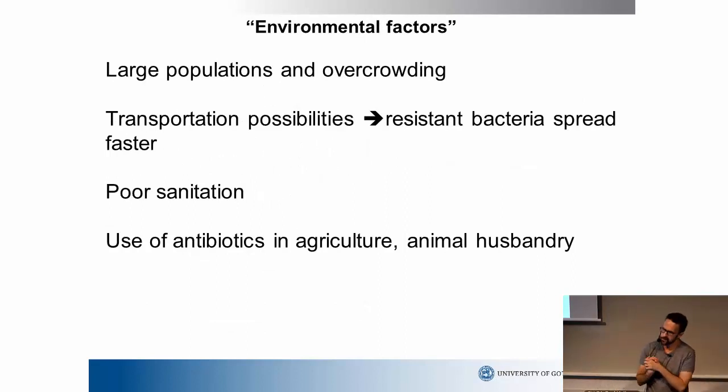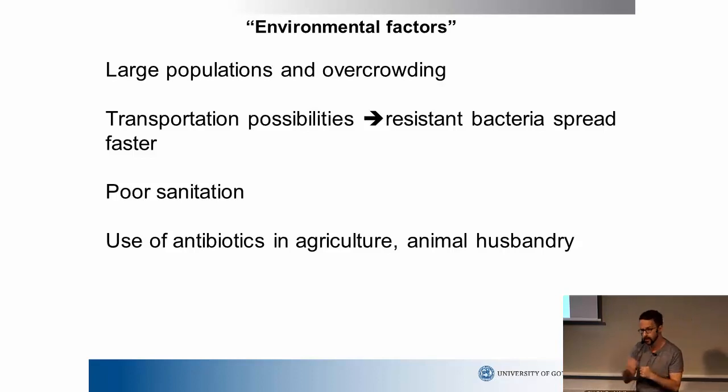So what factors are important for the development of antibiotic resistance? This is something I think you guys have heard a little bit about. So environmental factors. Too many people living in the same place together, too close. So overpopulation and crowding is going to be one important factor for development of antibiotic resistance. Globalization, transportation possibilities.